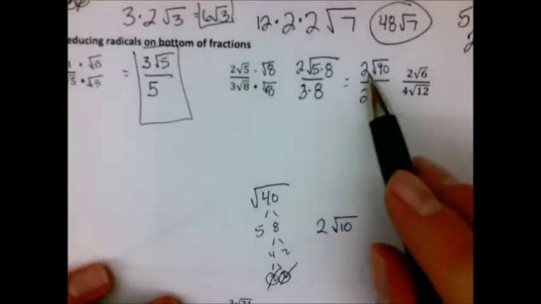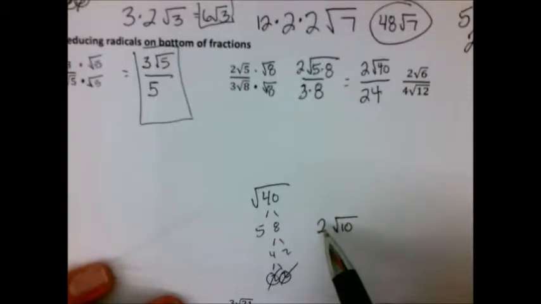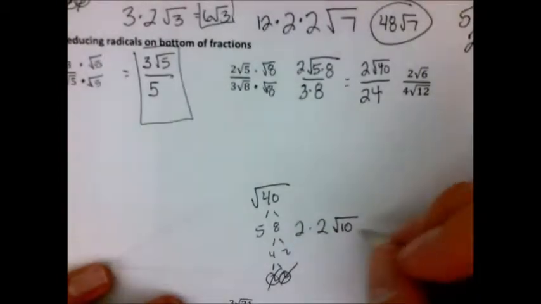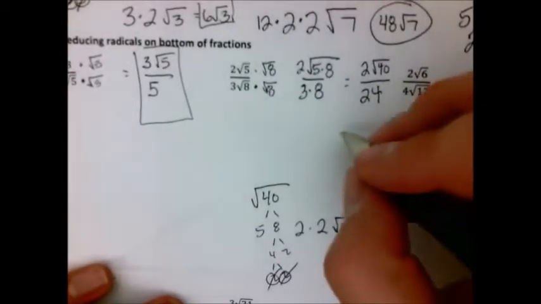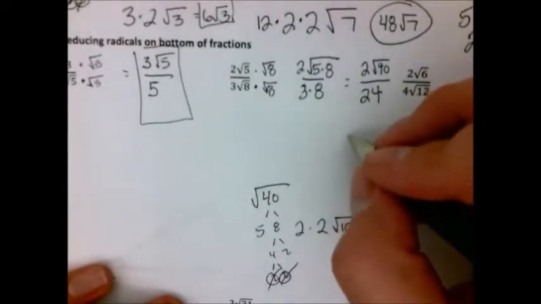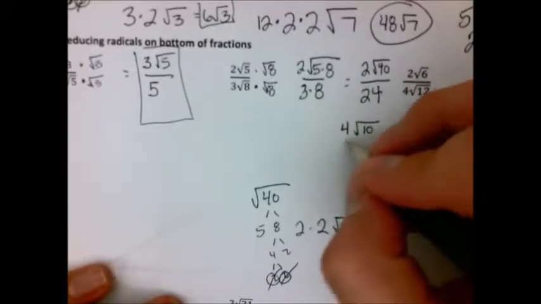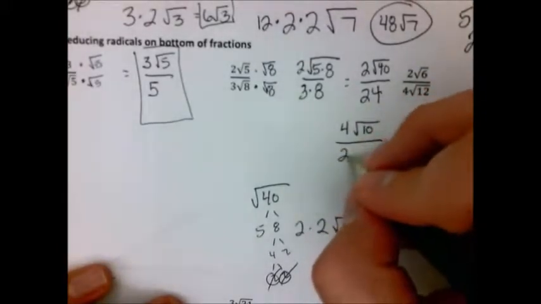Now since we already had a 2 up here, we're going to have to multiply that other 2. So it's going to become 2 times 2, which is 4 square root of 10. So our new fraction is going to be 4 square root 10 all over 24.